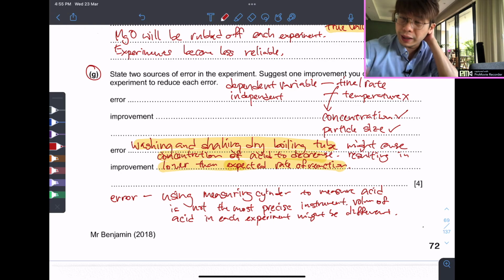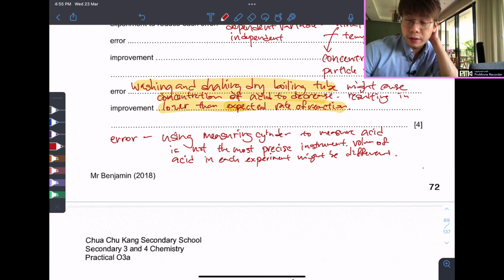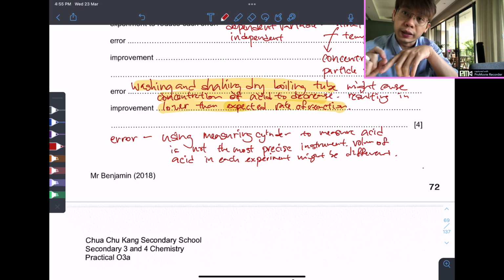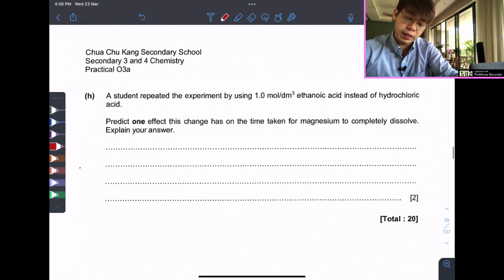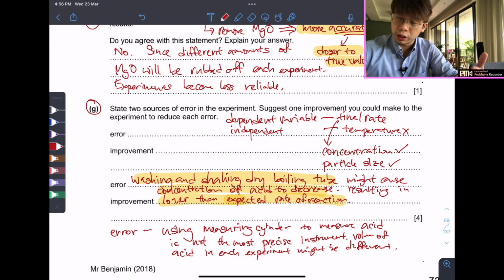So what might be better is to actually base it on mass of the magnesium ribbon. So every experiment, measure equal mass of magnesium ribbon. So that might be actually better, okay, to make sure that you have the same mass of magnesium ribbon every experiment. Right, so these are the common mistakes. However, if you have another mistake that you're not sure how you can improve, please do let me know. All right, okay, all the best.